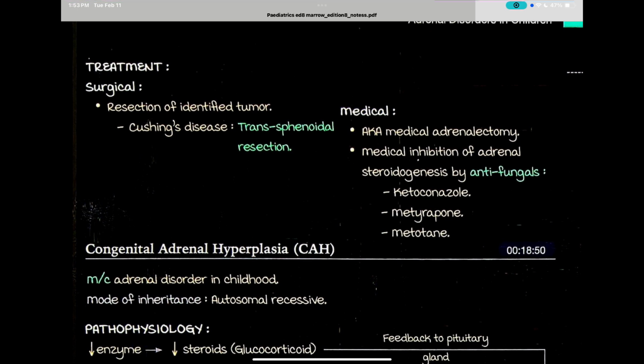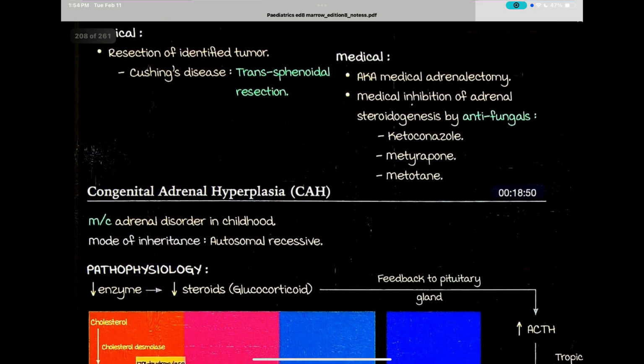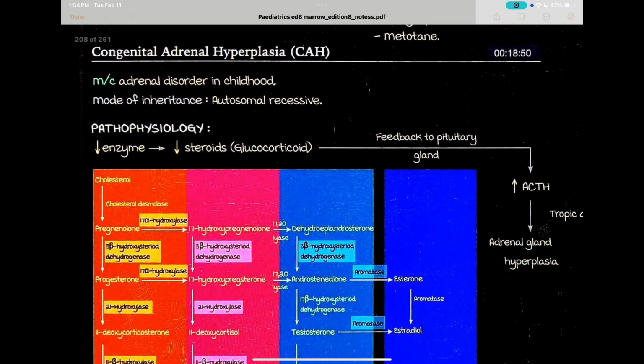Medical treatment, also known as medical adrenalectomy: medical inhibition of adrenal steroidogenesis by antifungals like ketoconazole, metyrapone or mitotane. Antifungals are used.